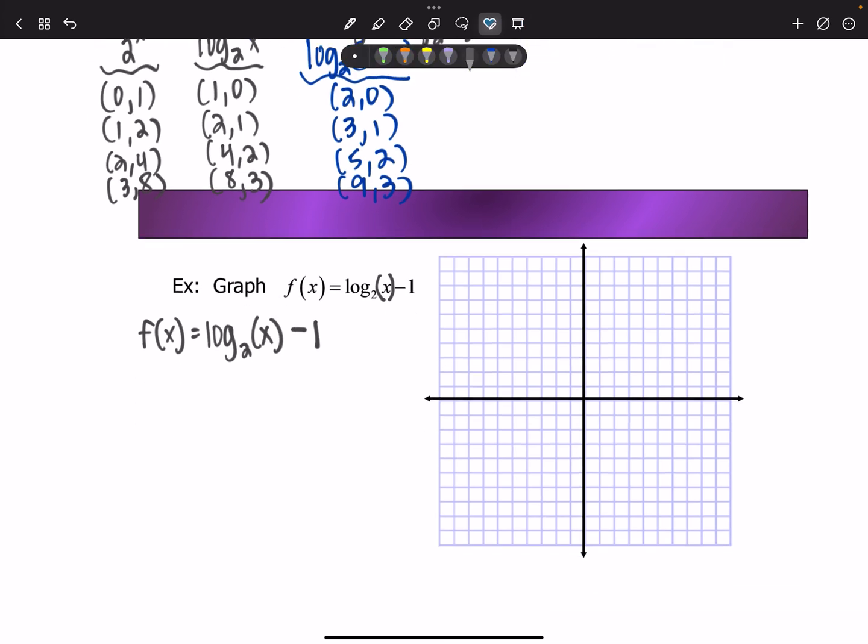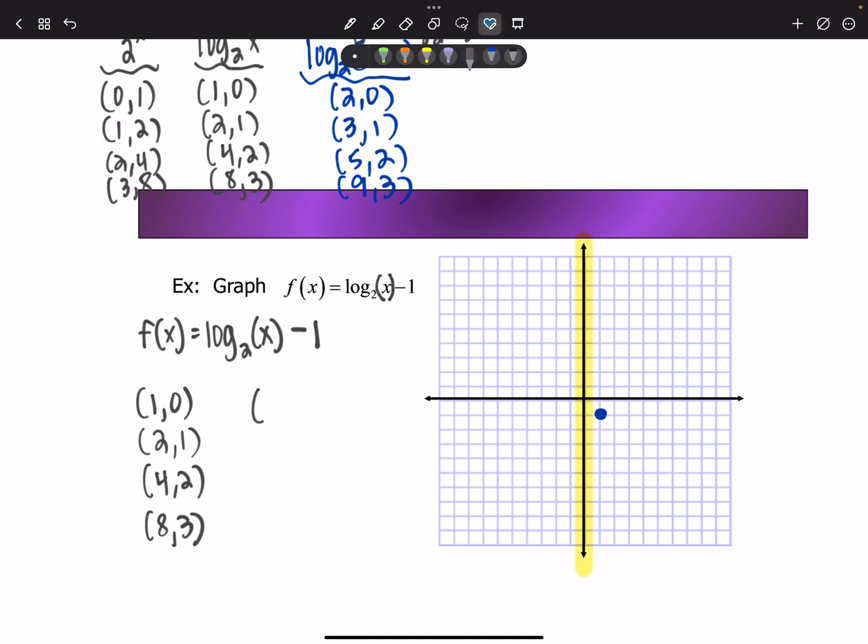Okay, welcome back. We have a vertical asymptote at x equals 0. And I've got points here. Normally, I would have had 1, 0, 2, 1, 4, 2, and 8, 3.